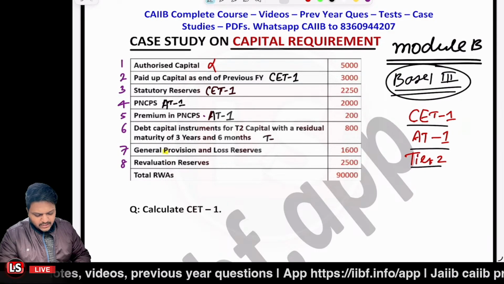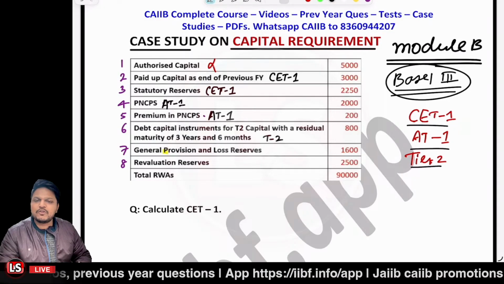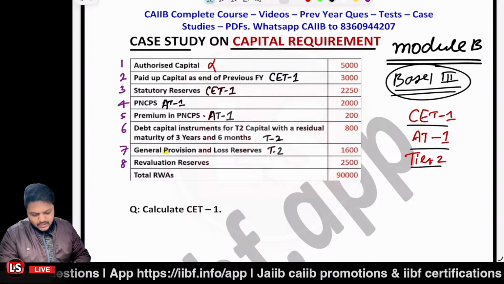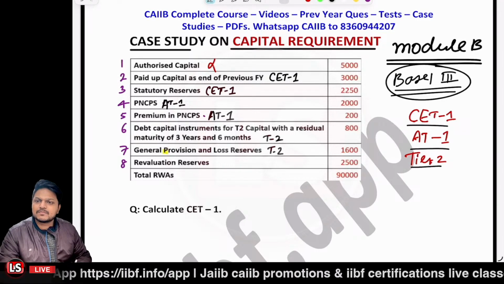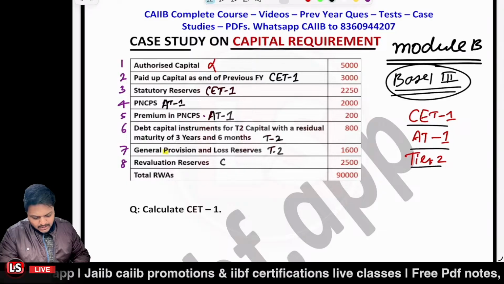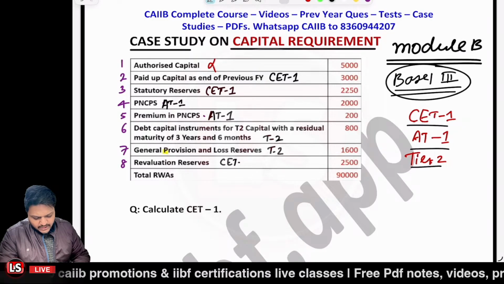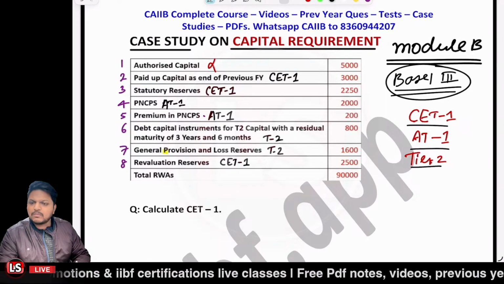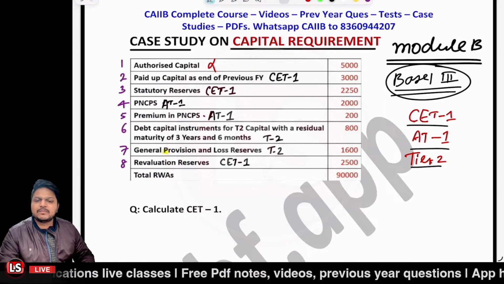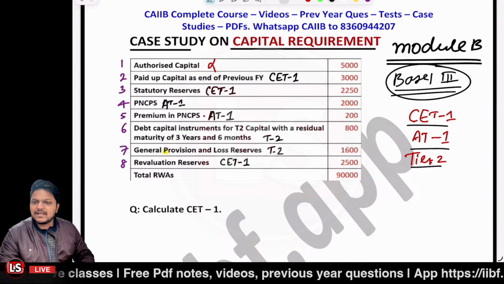General provisions and loss reserves are again tier 2 capital. Revaluation reserves are related to CET1. Previously those were accounted for in tier 2 capital, but now they are under tier 1 capital. Is that clear?